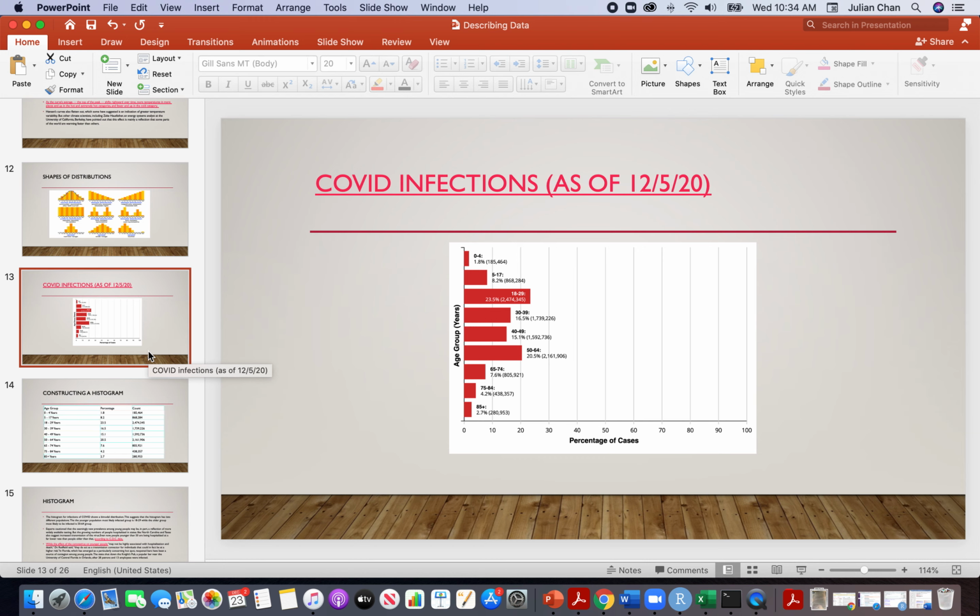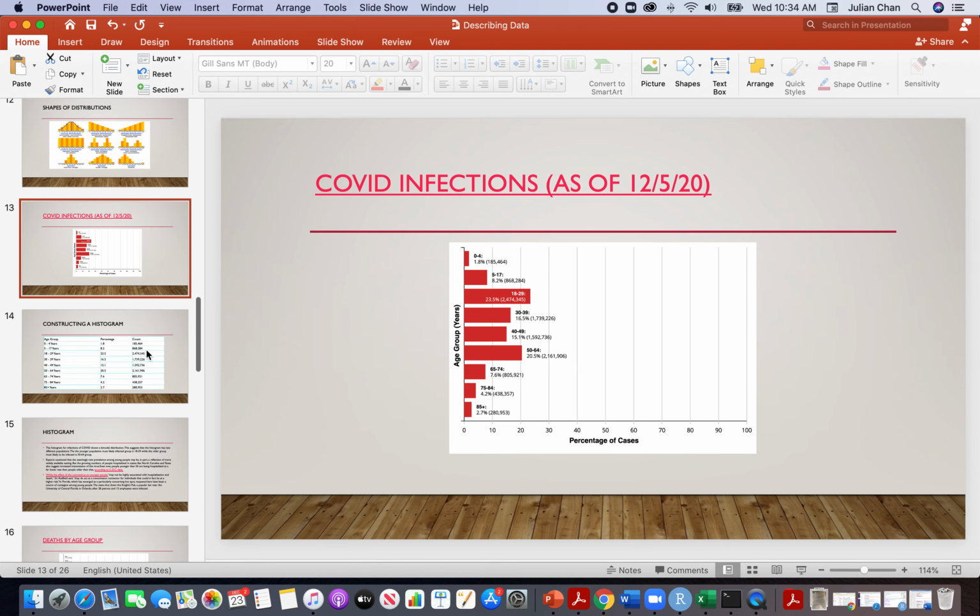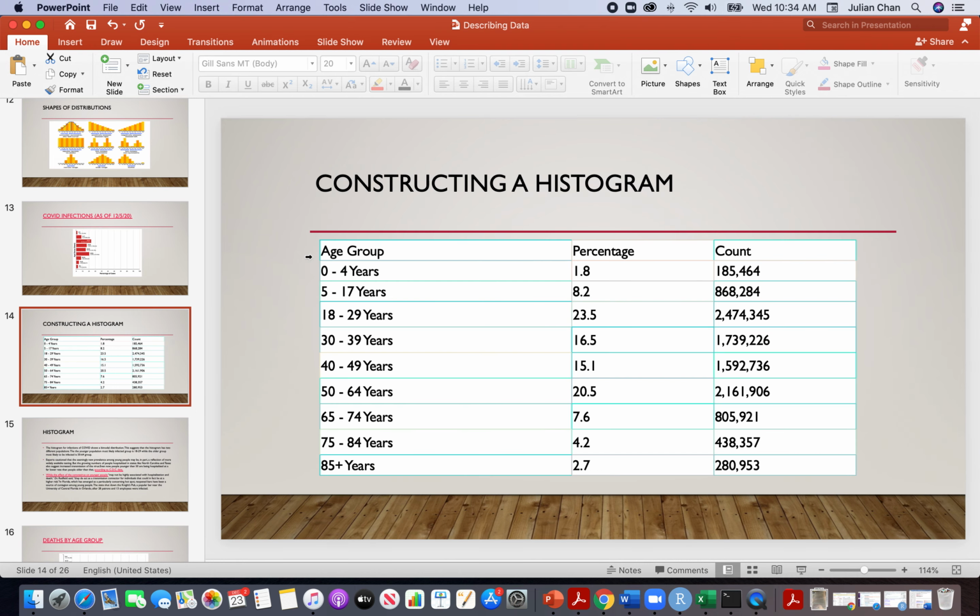In order to construct this histogram, I'm going to go over the histogram and then talk about what the histogram represents in a little bit. When you look at this histogram, what you really have is a table similar to a bar graph. You're going to have to divide up your data by the years. So we have 0 to 4 years. We're constructing a category out of numerical data.